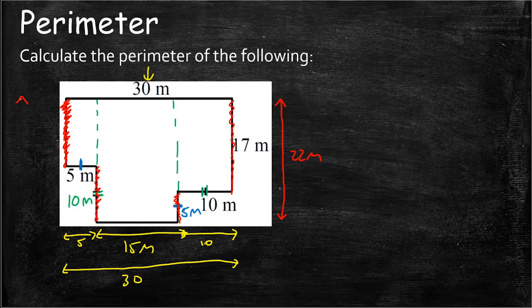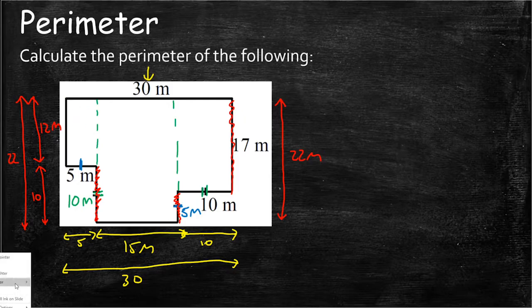Alright, so that length there should also be 22 meters. But we know that this part of it is 10. So what bit do we need to add on to 10 that'll give us the rest of that line there? We have to add on 12 because 12 plus 10 gives us our 22. So on the left hand side here, this length is actually 12 meters.